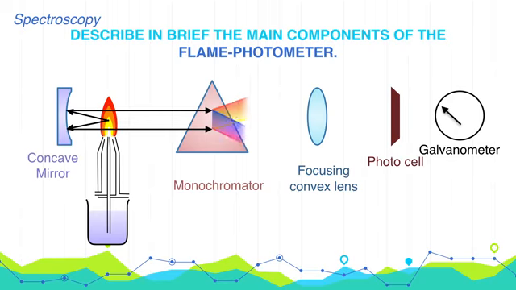The current is produced in the photocell and it is connected with a readout meter, which gives us directly the intensity of the radiations emitted by the excited atoms. From the intensity, we can have the quantitative analysis.